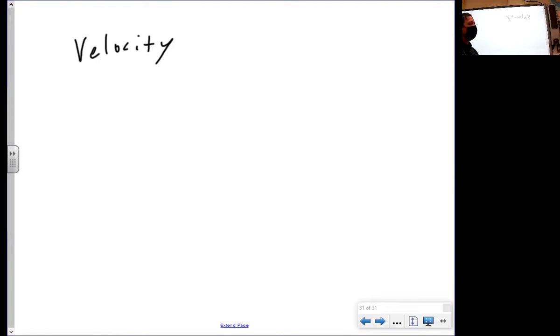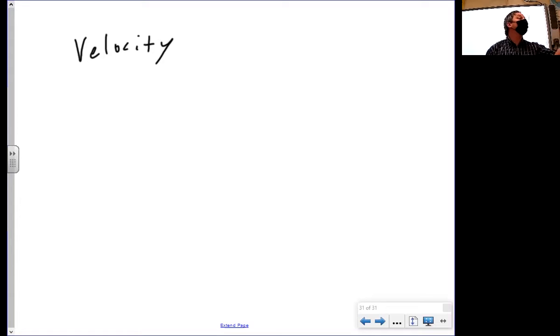Okay, how are we going to calculate velocity? If I want to know how fast something's going, I take two measurements and then divide. What two measurements? Volume doesn't have anything to do with velocity. Think about it. You're running a race. What are the two things you want to know?